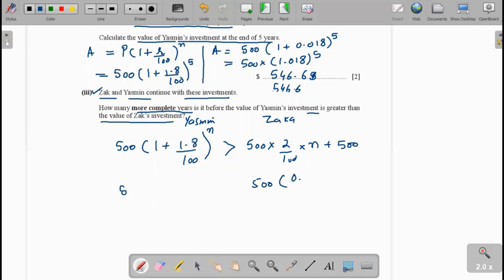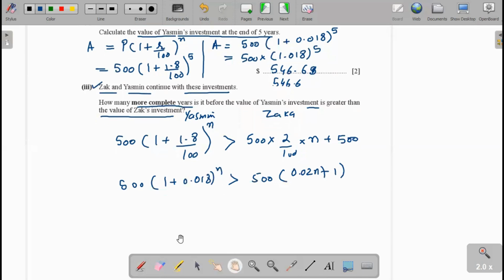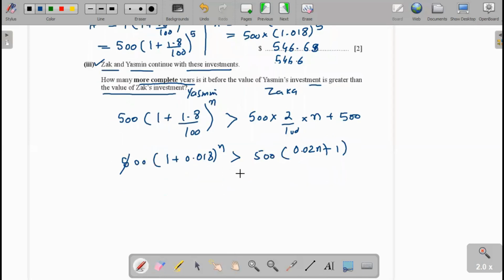Now we take the common 500, therefore that value becomes 2 over 100. We can write it as 0.02n plus 1, and that is equal to 500 times 1 plus 0.018 to the power n. And that 500 will be cancelled. You see here that 1.018 to the power n is greater than 0.02n plus 1.